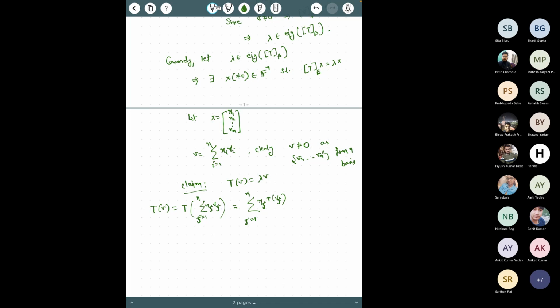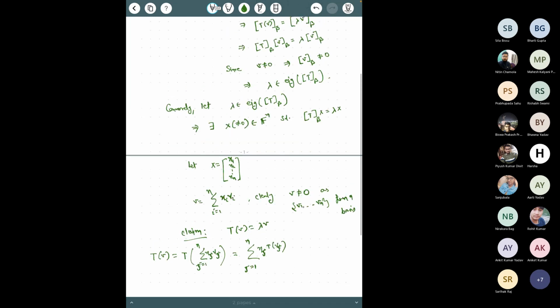We have the matrix of T. Can we use that? Let us assume that this matrix of T has entries aij.